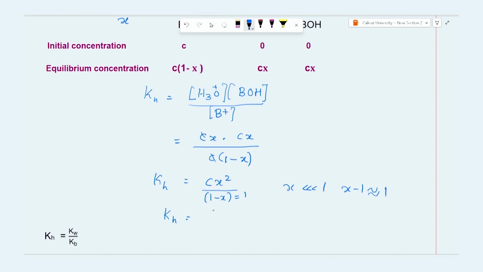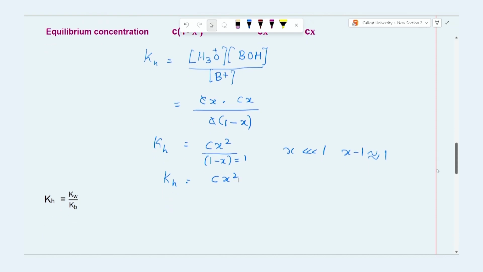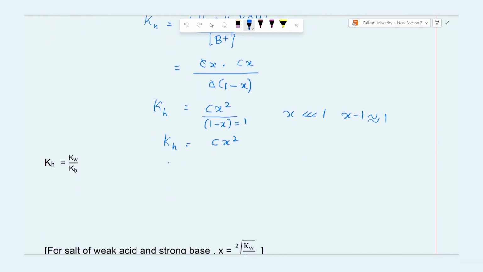So, what will be KH? KH is equal to Cx square, or I can put it as x square is equal to KH by C, or x is equal to the square root of KH by C. Now, since this is from a weak base, KH is equal to Kw by Kb.